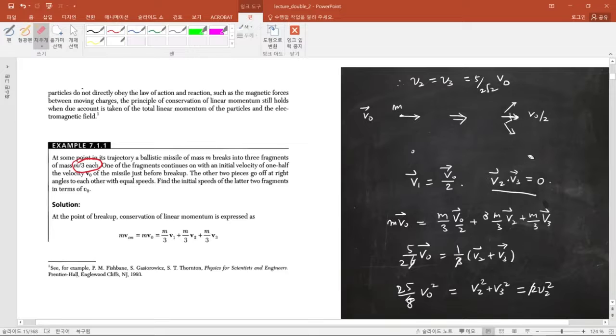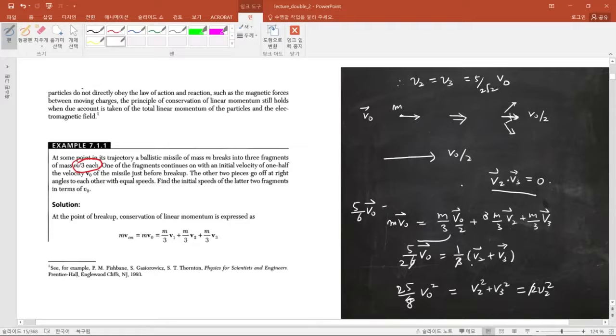So you can understand the results. Just a brief mention geometrically, because you know that this is v0 over 2. The sum of these should be what? 5 over 6 v0.